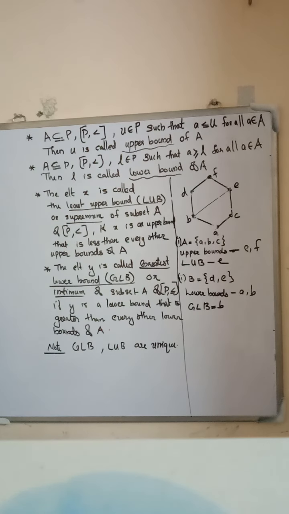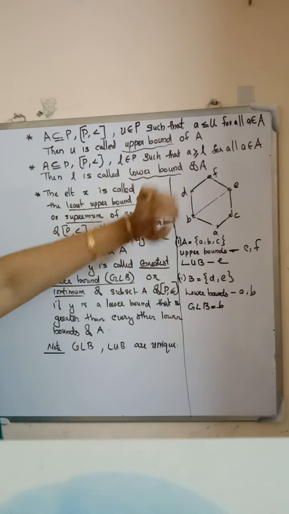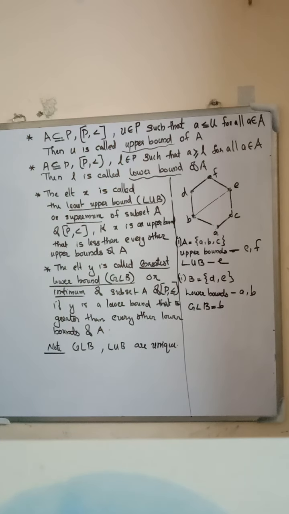Now we define the term lower bound. Similarly, as with the upper bound, we choose a subset A of the set P, where P with less-than-or-equal is also a poset. And L is an element in the poset such that L is less than or equal to all other elements in the subset.